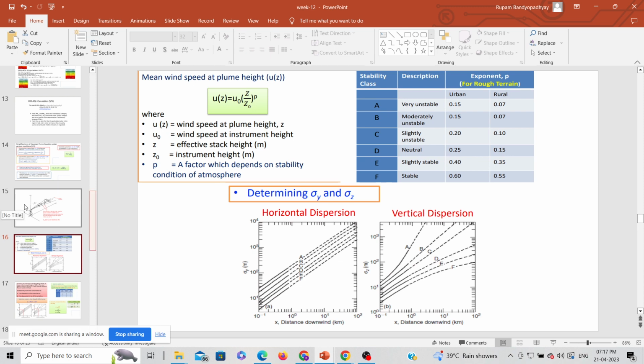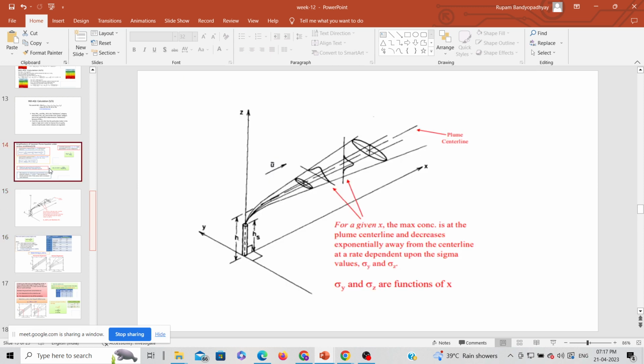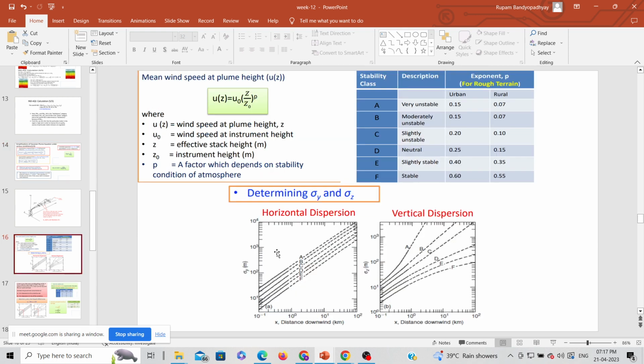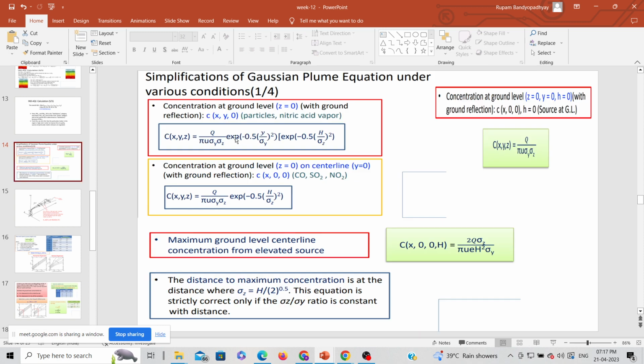Once you have x, you easily get the sigma y value: put the same x value in the sigma y chart, for the same stability condition, and you will get sigma y. If you know sigma z and sigma y, then using this equation, because it is the center line, you will be able to calculate the concentration.